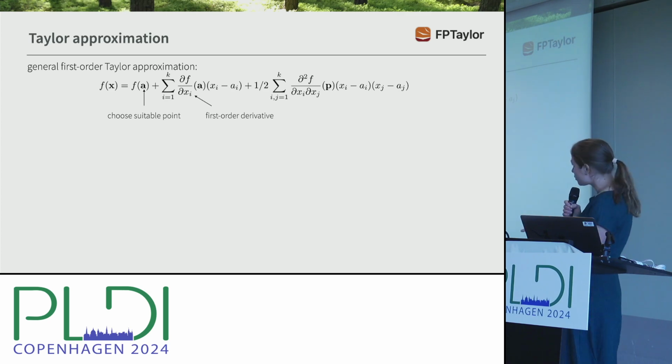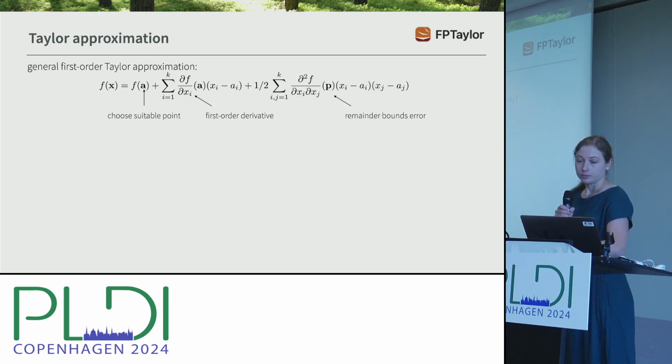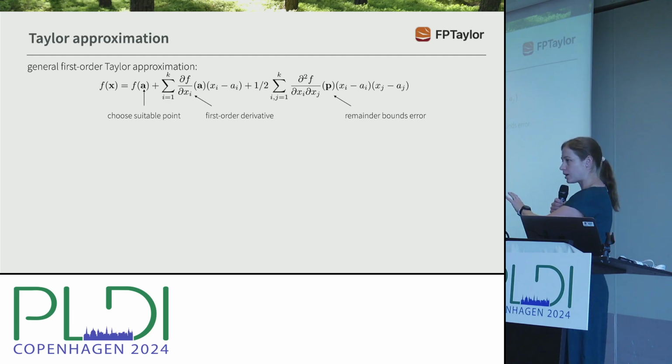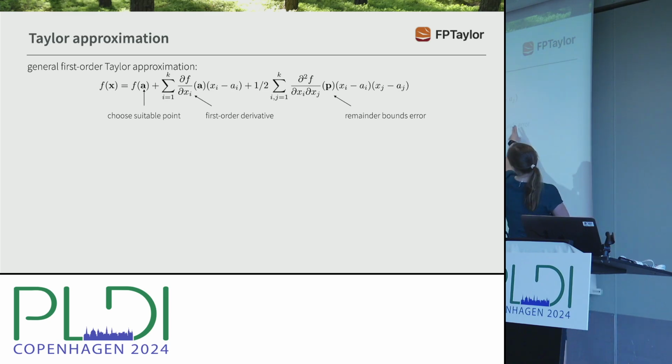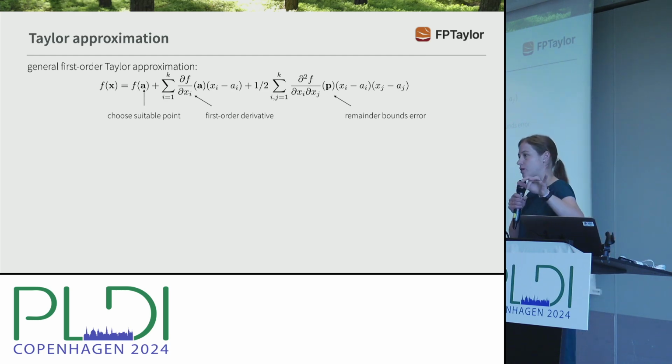Then we take a first-order derivative with respect to some variables that we choose as well. And then we have a remainder that bounds the error. So basically we approximate f by a sum of terms. And by having this remainder, we then have a bound on how different this approximation is from the true function.